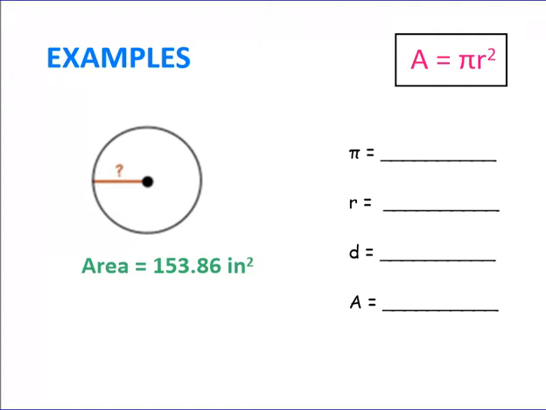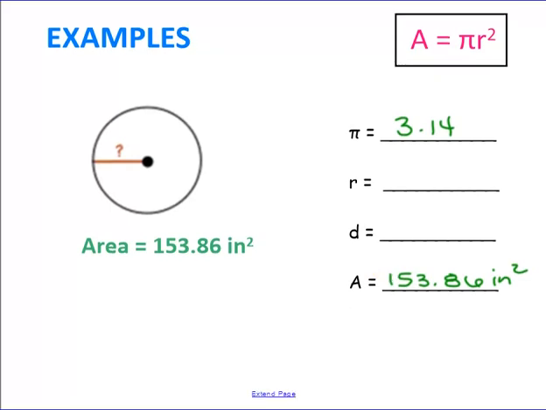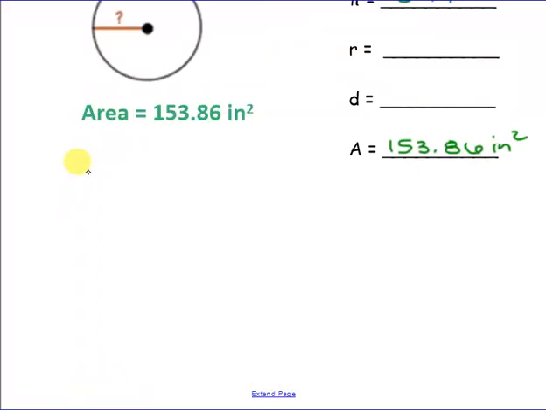So here we don't know what the radius is, but we are given the area. We know that pi is 3.14, and we know that the area is 153.86 inches squared. So we're going to use the same exact formula and we're going to work backwards. So area equals pi r squared. 153.86 equals 3.14 times r squared.